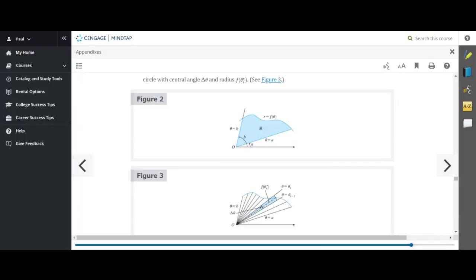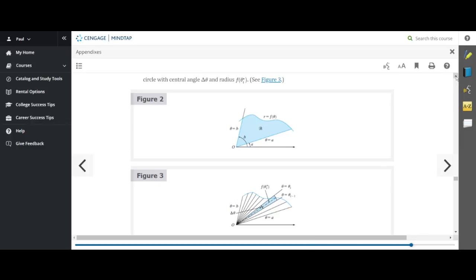So it's like a part of a circle. You can take the total area under the polar curve and break it up into different sectors of circles with different radii, where the radii depend on the value of f of theta, and then you can add up those areas.